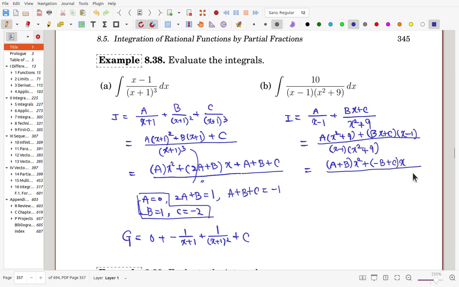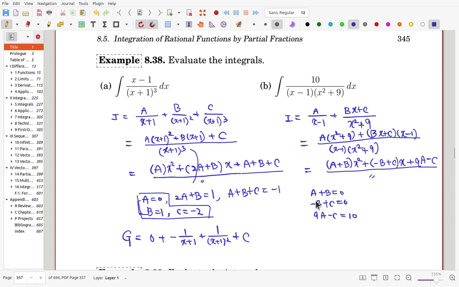And for the constant term, that is 9a from this one, and from this one, that is minus c, right? Okay, now this top must be 10, which means that a plus b must be 0, and minus b plus c also 0, and then 9a minus c must be 10, right?